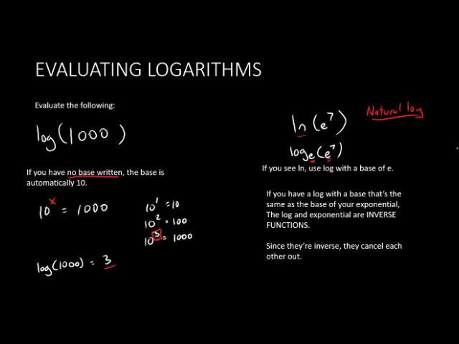This means that the log base e and the base e exponential will cancel out, and this will leave behind only the 7. We'll cross off both the log base e and the exponential e, and only 7 is left behind. Therefore, we can say ln of e to the 7th is just 7 because the ln and the base e exponential are inverse.